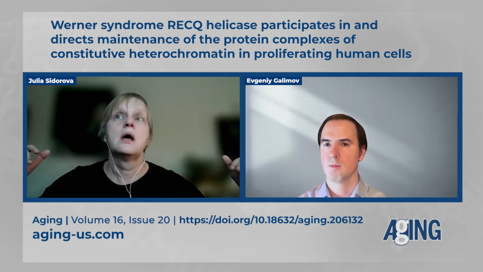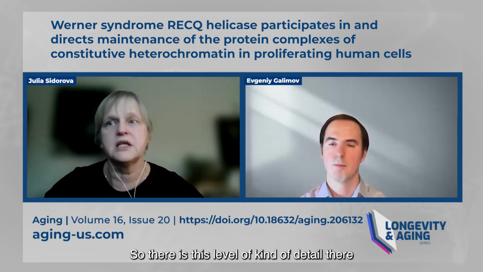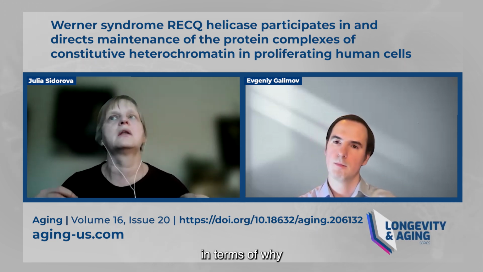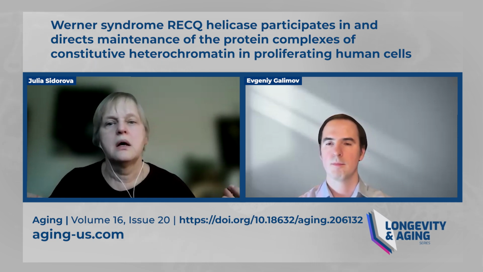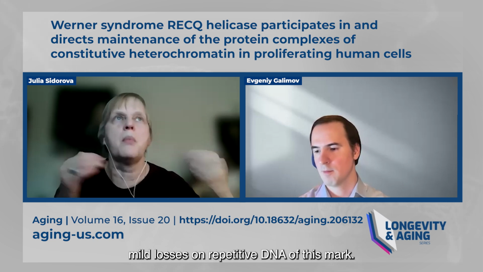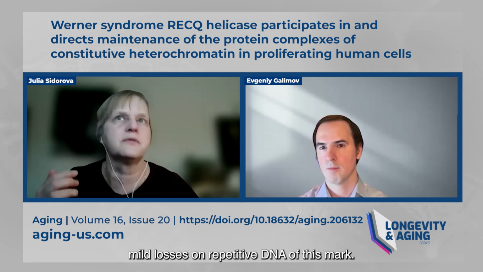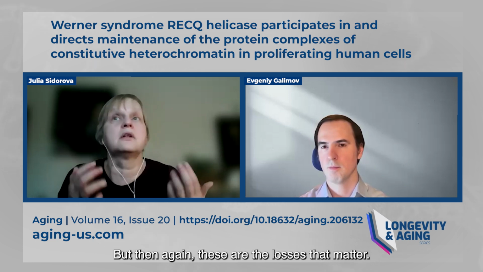So there is this level of detail that we're not quite capturing yet in terms of why in Werner deficiency we only see, for example, mild losses on repetitive DNA of this mark. But then again, these are the losses that matter.